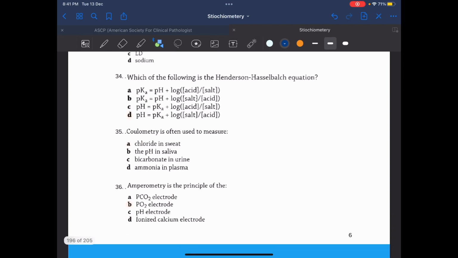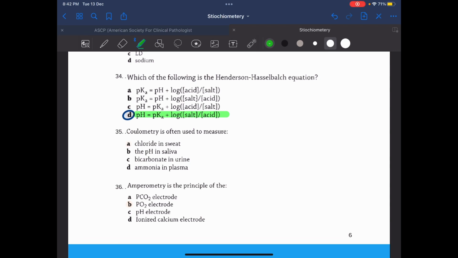Question 34. Which of the following is the Henderson-Hasselbalch equation? The correct answer is D. pH equals the constant plus log of salt divided by acid.